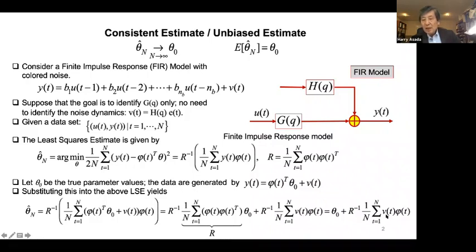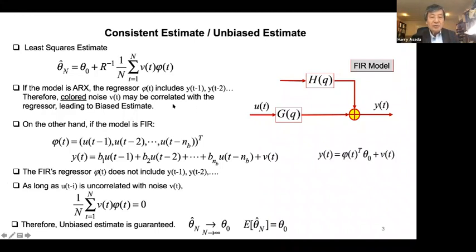If the colored noise and phi(t), which is basically the regressor picking up these u's, are correlated, then you get a biased estimate.